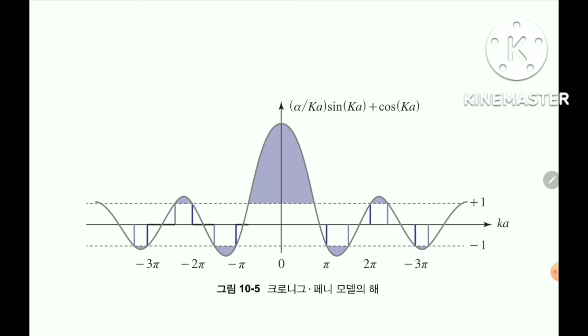On the x-axis, this black line is the only allowed region for Ka. Therefore, there are two regions, the prohibited region and the allowed region, and the prohibited region causes the energy band gap.